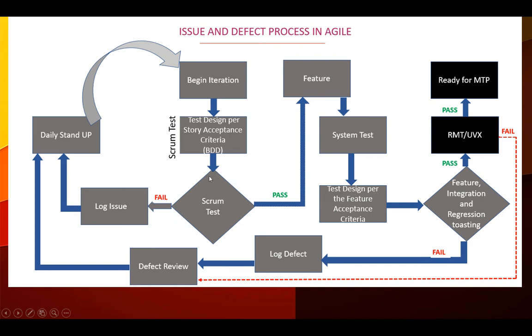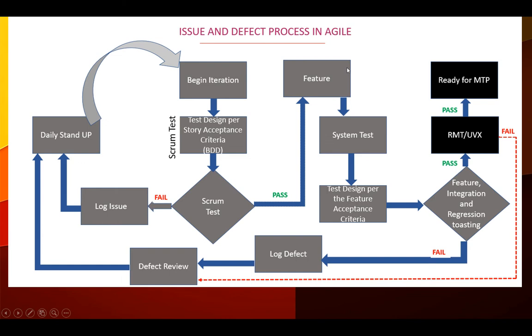Okay, so if a story is working based on the acceptance criteria, meeting all the acceptance criteria, the Scrum tester will move it to pass and move it to the next column. Okay, based on the definition of done, the PO will accept the story, and we will follow this cycle for multiple stories until all the stories for that feature get accumulated, and we call it feature ready.